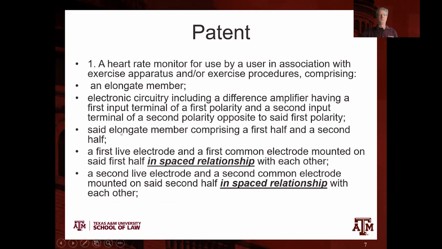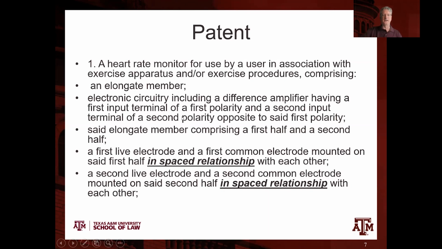So he filed for a patent, and here's the patent. Again, we start with our preamble, our heart rate monitor for use by a user, in association with exercise apparatus or procedures, comprising, that's our transitional phrase, again, open-ended. And then we have the different elements of the patentable invention, the things you need to make it work and that differentiate it from the prior art, at least one of the differences.